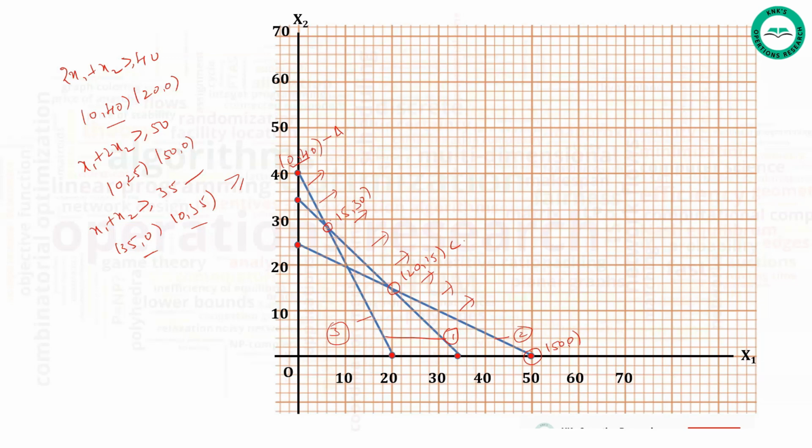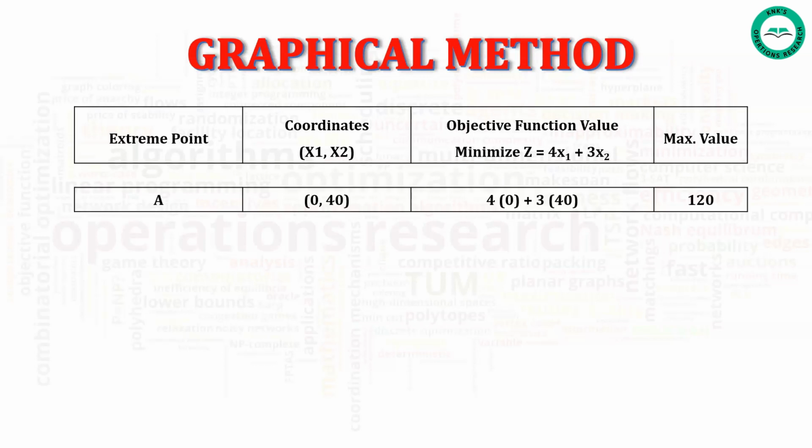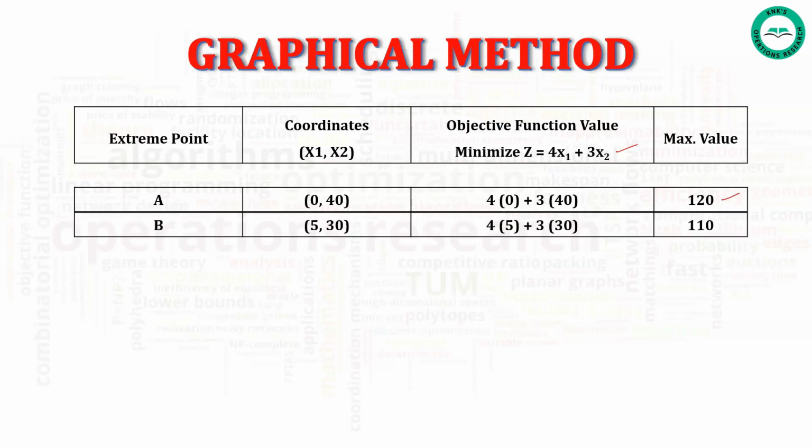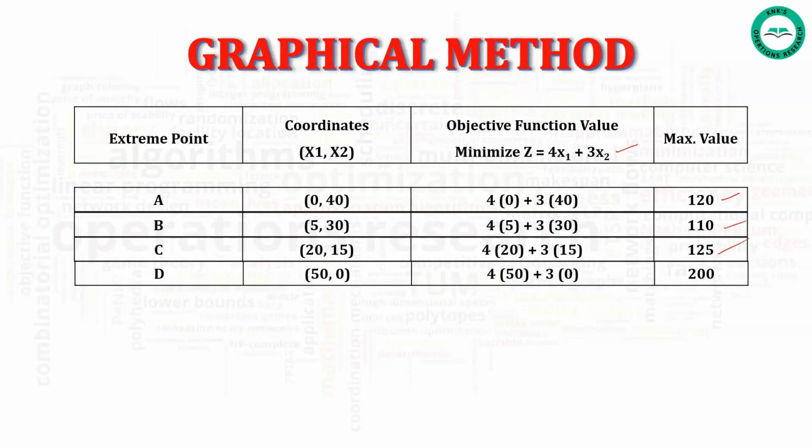Now let us find the Z value. Here the first column is extreme points, and take the extreme coordinates, substitute the values of the extreme points and compute them and compare for the minimization value. First, A is (0, 40). When I substitute in the Z function, I get 120. Similarly B is 110, C is 125, D is 200.